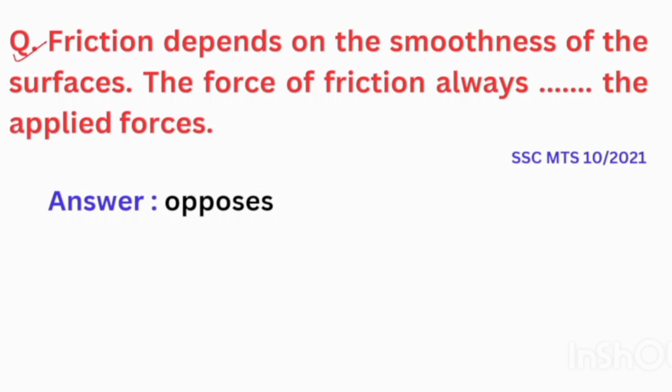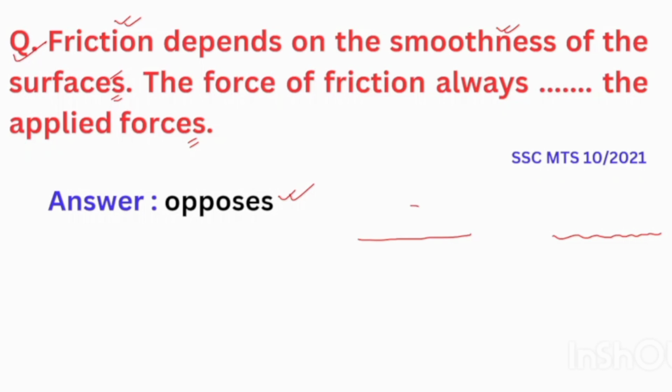Next question. Friction depends on the smoothness of the surfaces. The force of friction always dash the applied force. Answer is opposes. Basically, the force of friction always opposes the applied force. Here we need to understand the relation between friction and smoothness of the surface. Let's see this. Here, this is a smooth surface and this is a rough surface.